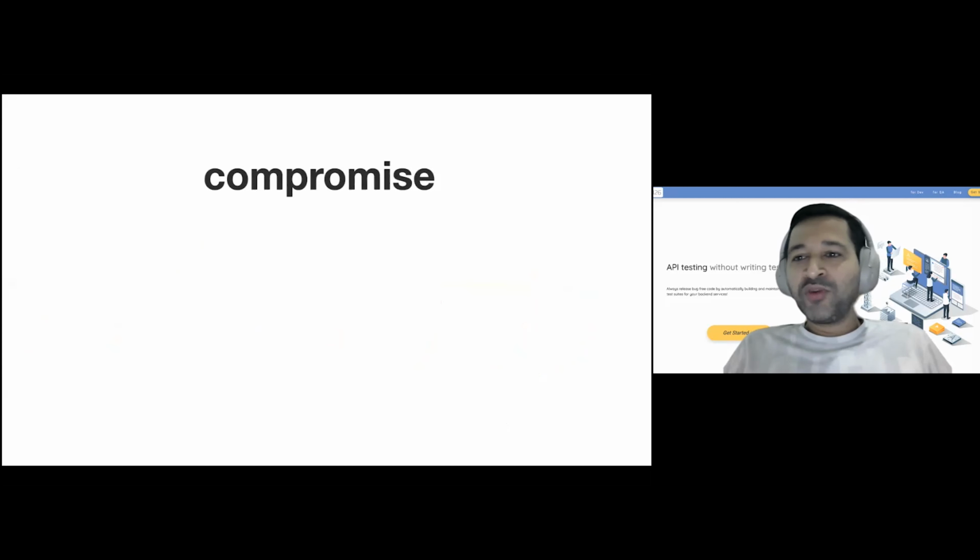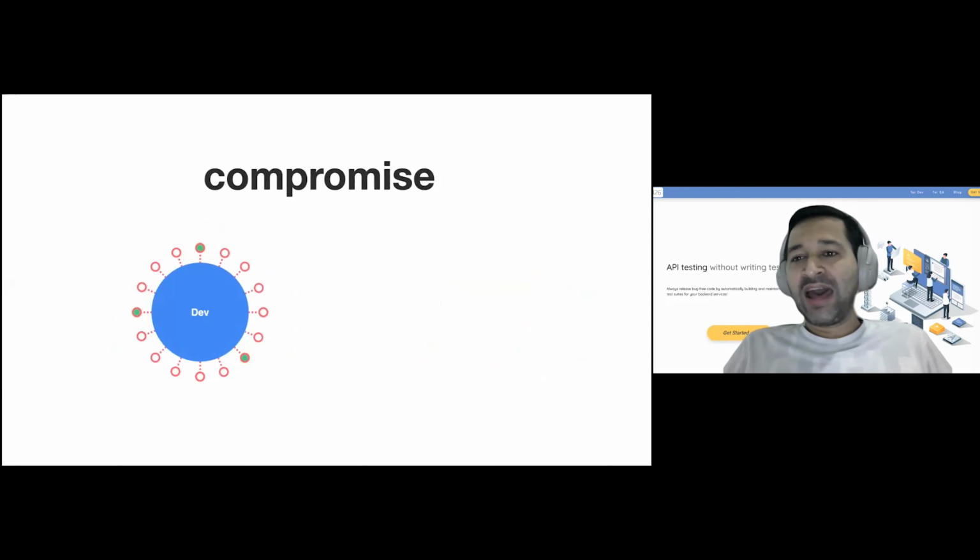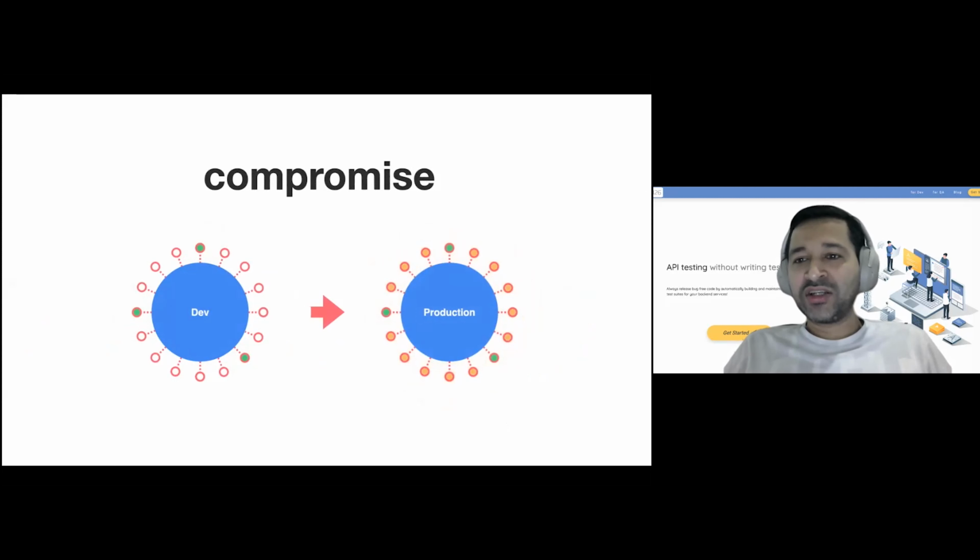So the compromise you typically end up making in this kind of situation is that you realize there's a finite amount of bandwidth you have during your development process, and you identify the key scenarios that you absolutely cannot afford to have be broken, and you just make sure that these scenarios work, and then everything else ends up being a Hail Mary pass into production.